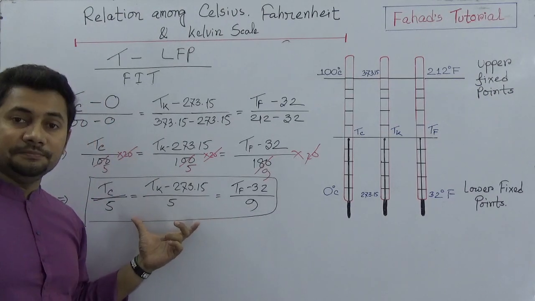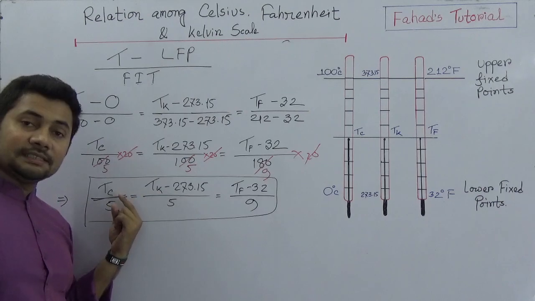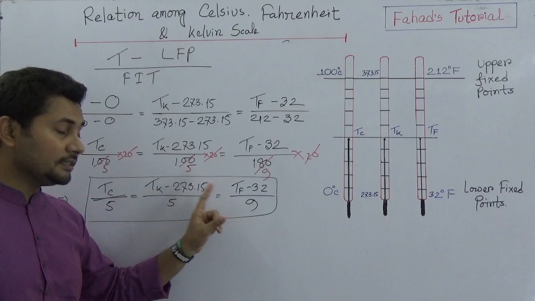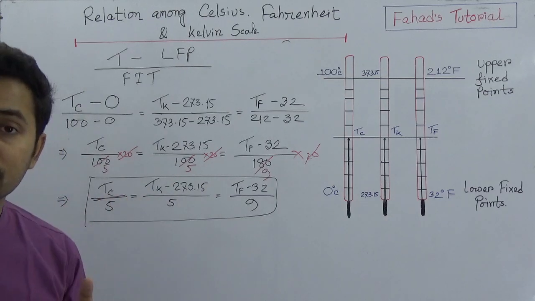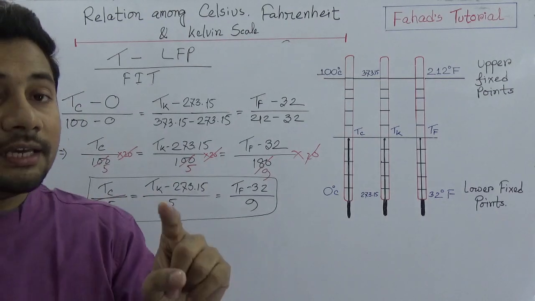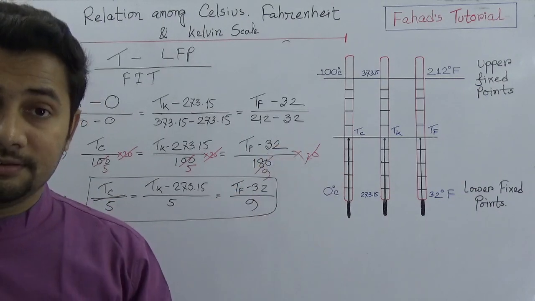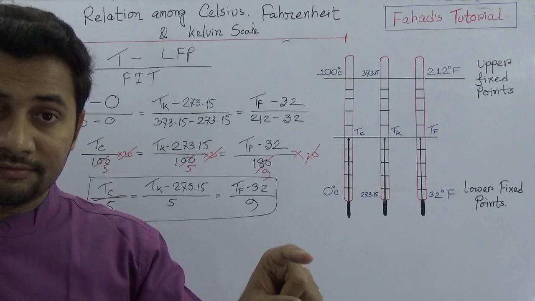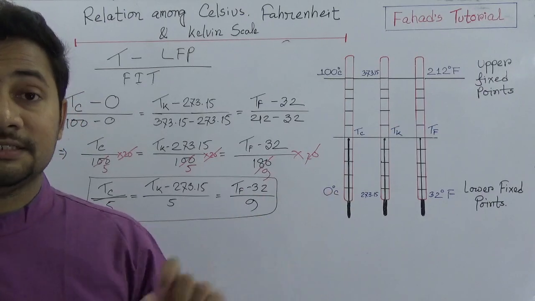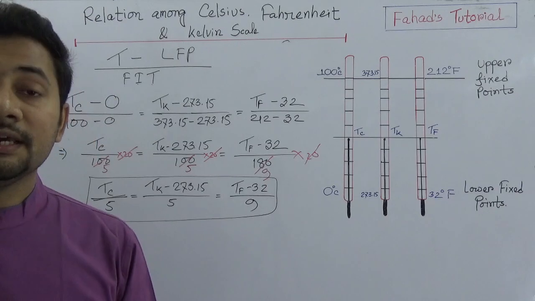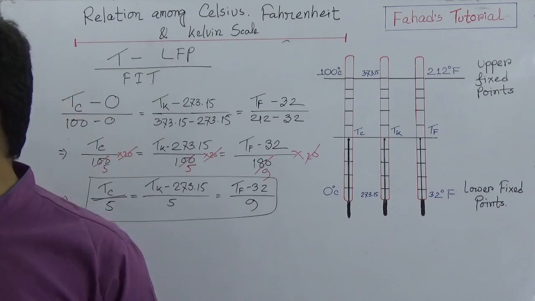Tc is the temperature in Celsius, Tk Kelvin, and Tf Fahrenheit. I hope you know that Tc by 5 equals Tk minus 273.15 by 5 equals Tf minus 32 by 9. Now we need to think about how to use it in mathematical problem solving.